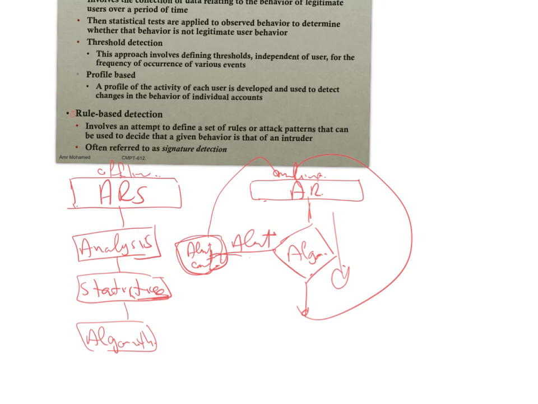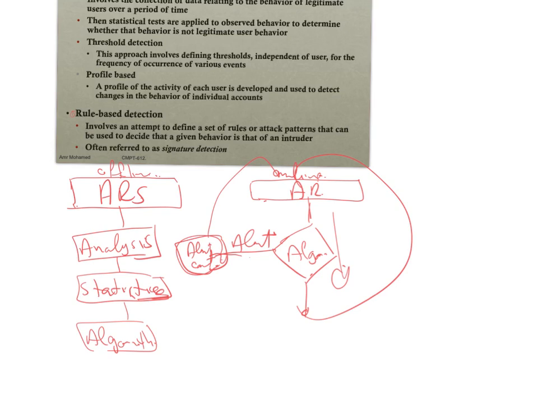Rule-based is based on certain rules. Okay? So if the attacker has, for example, this privilege, and the attacker or this user tries to gain access to a particular file on the system, and this file has these attributes, there is a certain criteria.